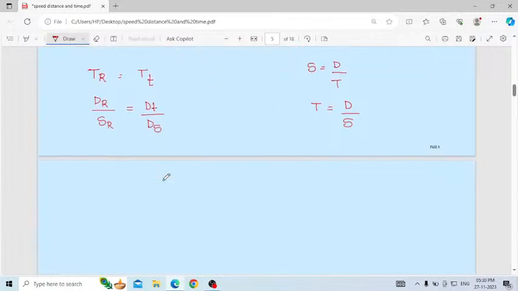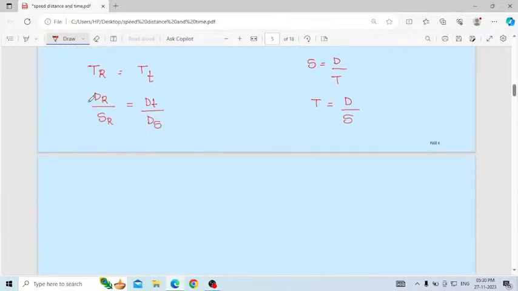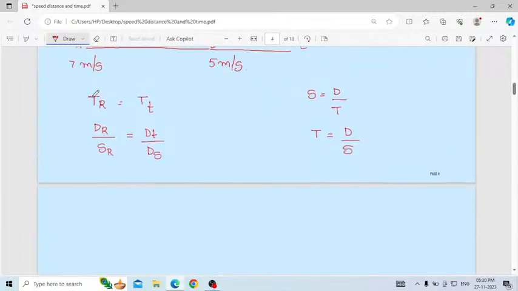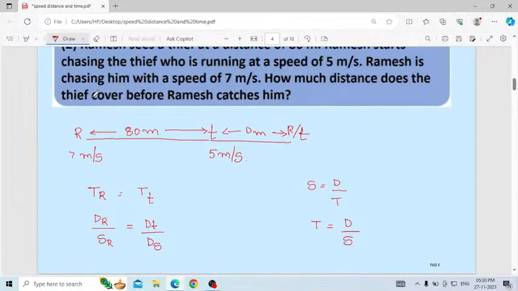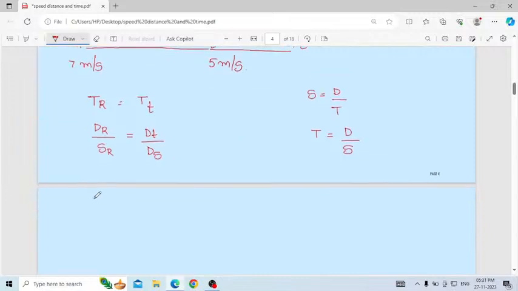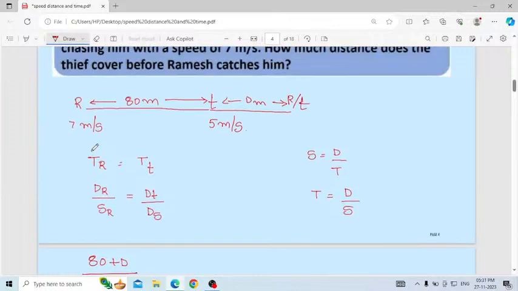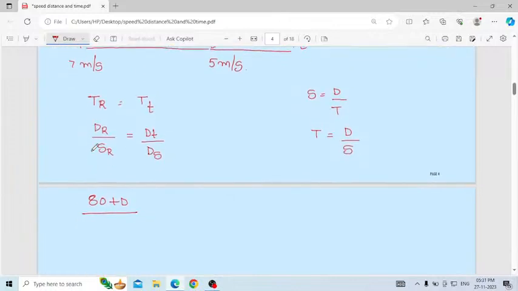Then substitute here. The distance of Ramesh: from here to here, when he saw the thief, it is 80 meter. How much total distance does he have to cover? 80 plus d. So the distance in the case of Ramesh is 80 plus d, divided by speed, which is already given in the question, 7 meter per second.